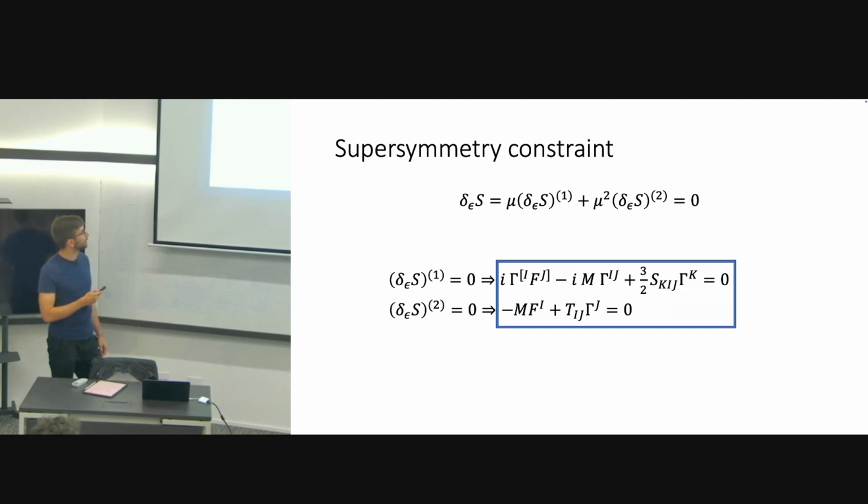Right, so because this has to be imposed for all mu's. And when you have a polynomial equation that has to be true for all mu's, then each coefficient has to vanish. Okay, but I still feel this is kind of arbitrary. But okay, we can discuss afterwards.